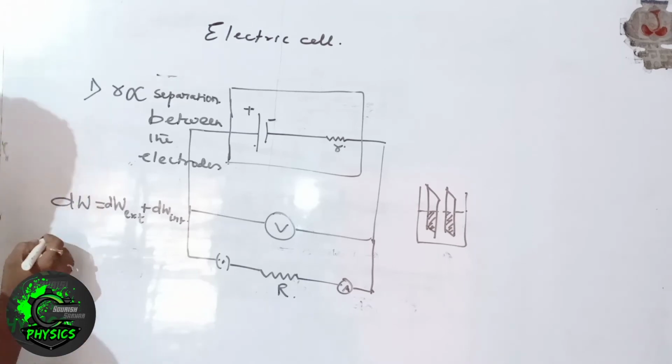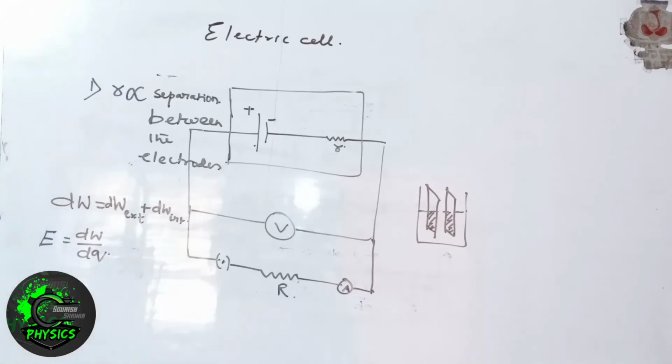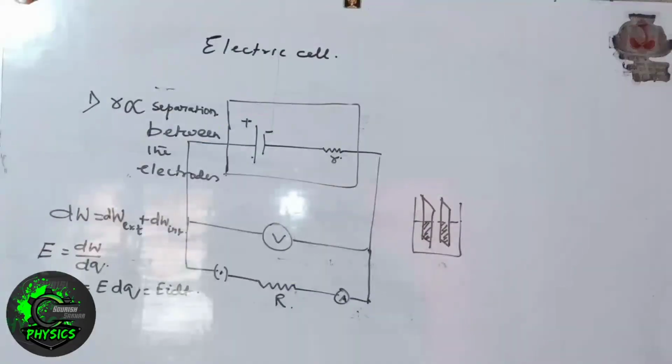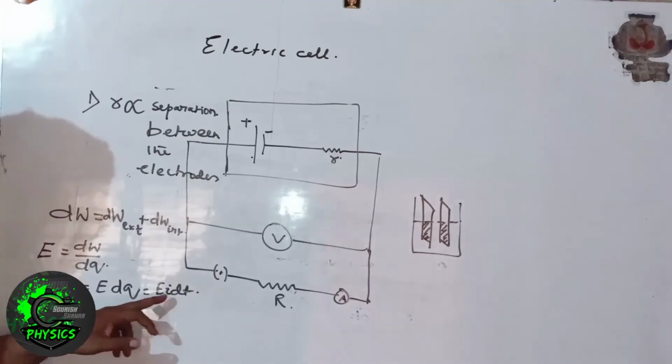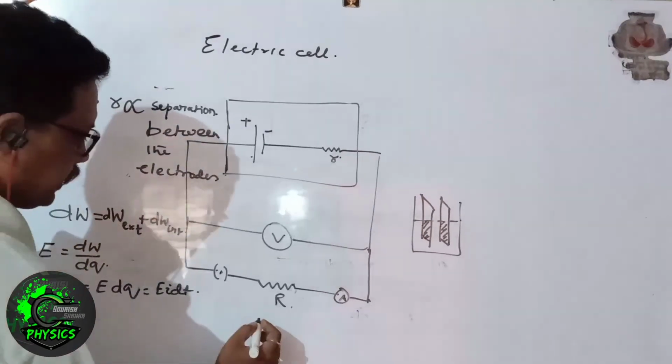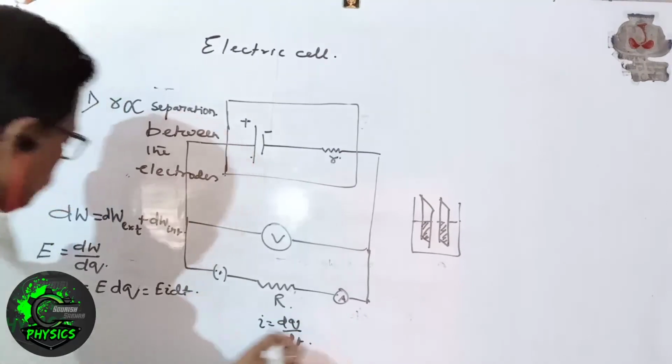So dW external, what is that? We know E equal to dW by dQ. So dW equal to E dQ, and we know dQ is equal to I dt because we have the relation I equal to dQ divided by dt.